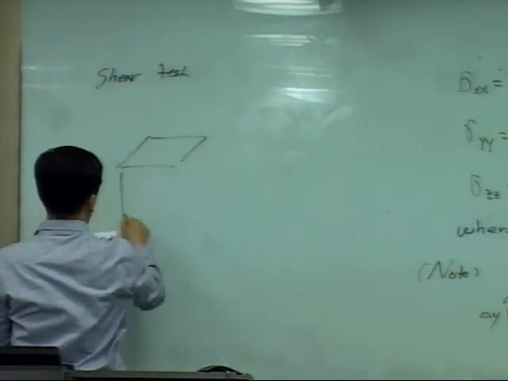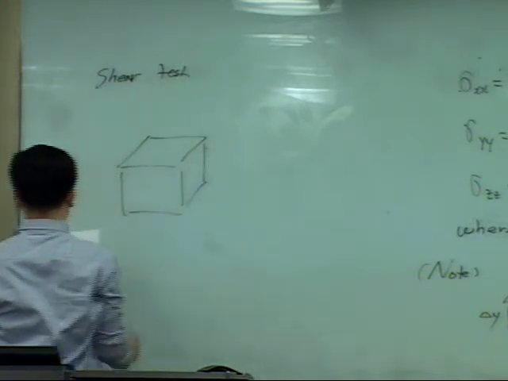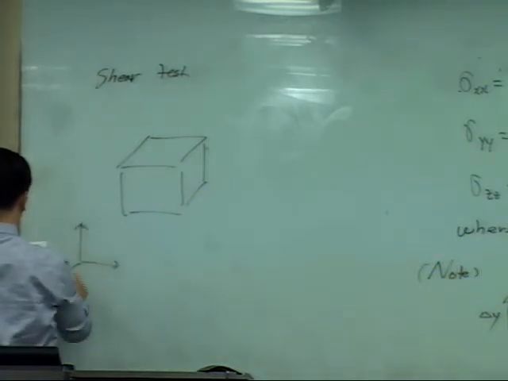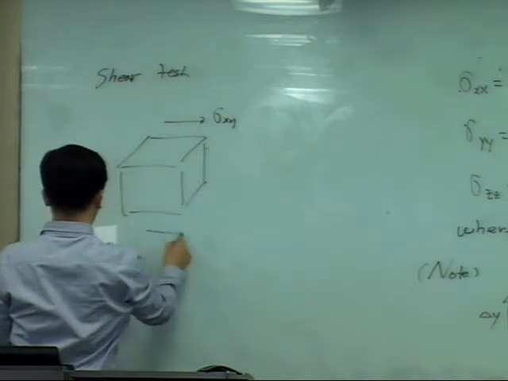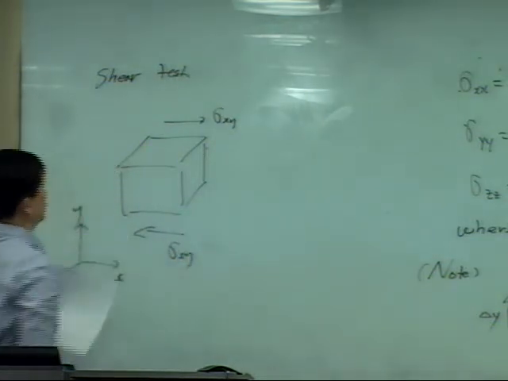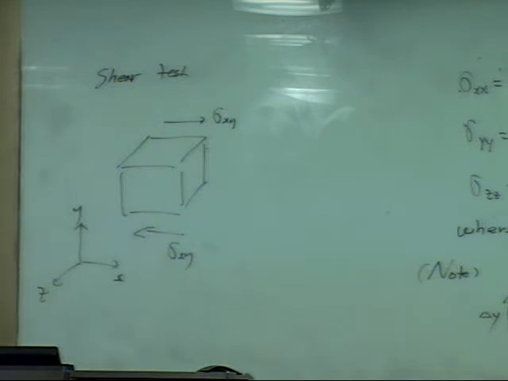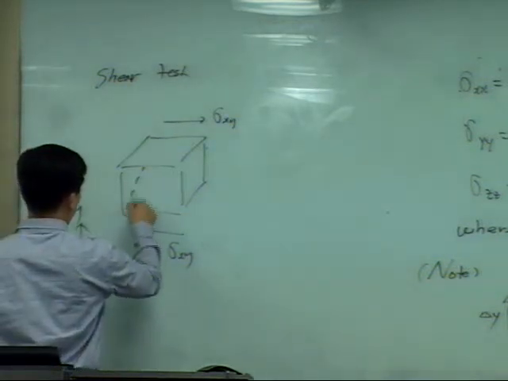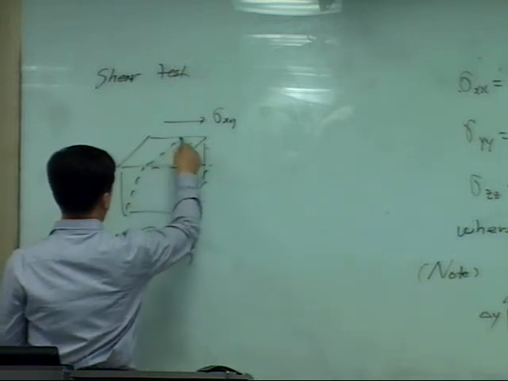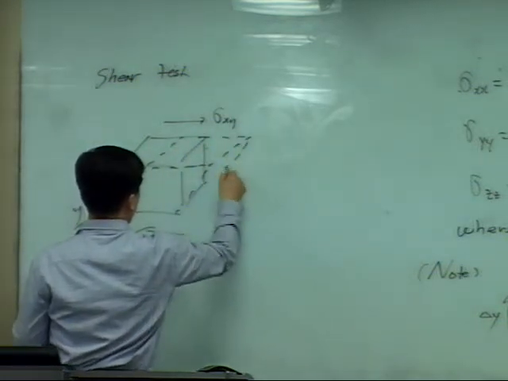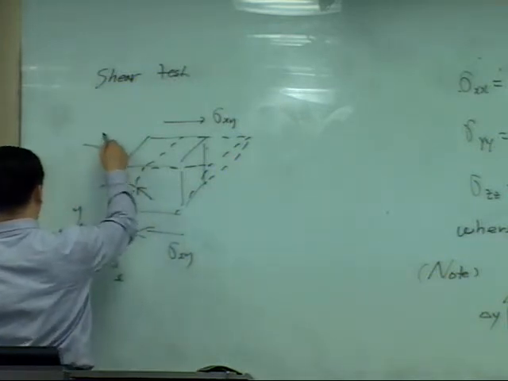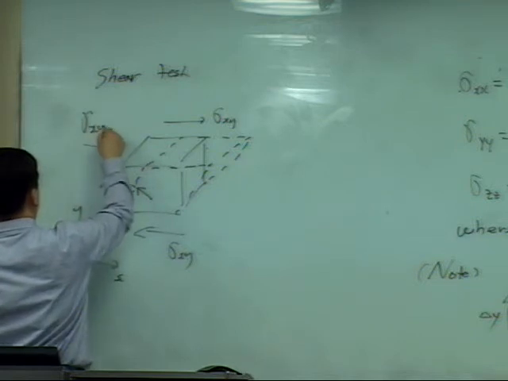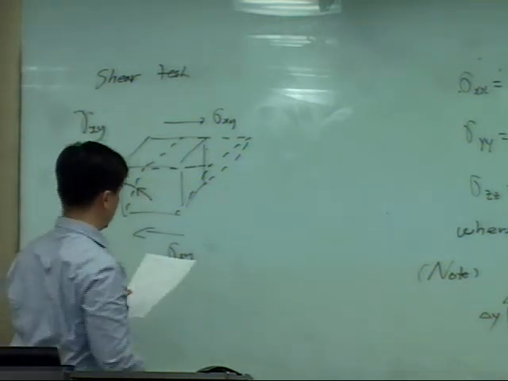Originally we have a body like that. X, Y, Z. I'm going to apply the shear stress sigma xy, and here sigma xy. Then this body will deform like that. There will be a change of angle. Let's say this is the change of angle, the engineering strain.